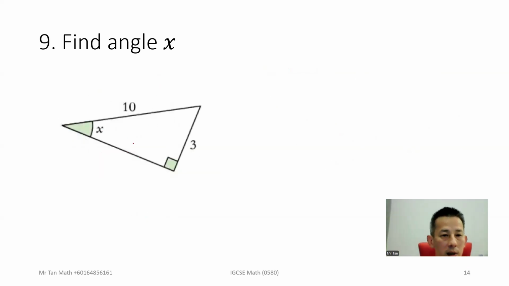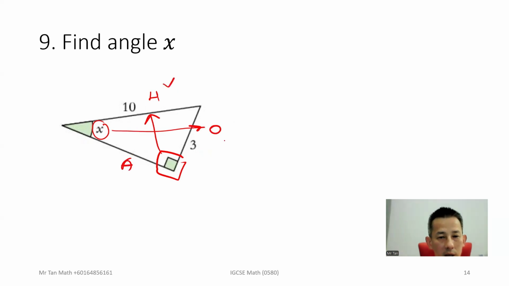Okay. So it's a right angle triangle. Then you identify the H, the O, and the A. So it's H and O. So O over H, therefore we use sine.